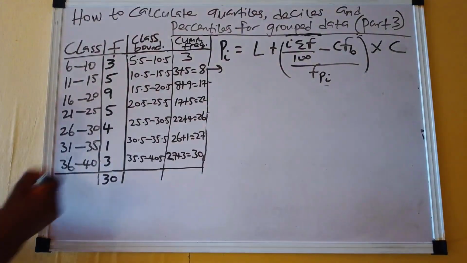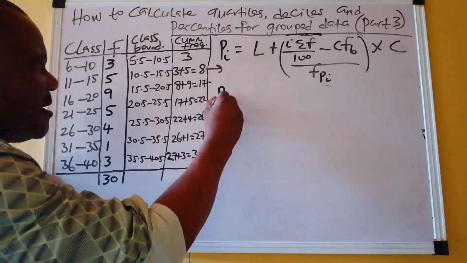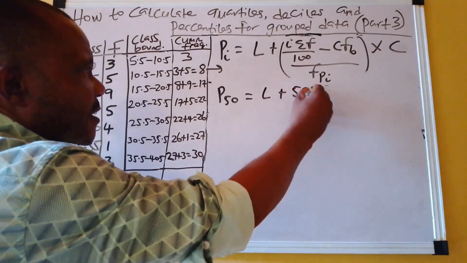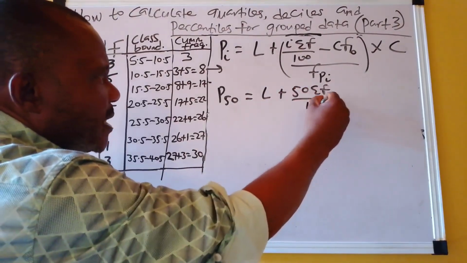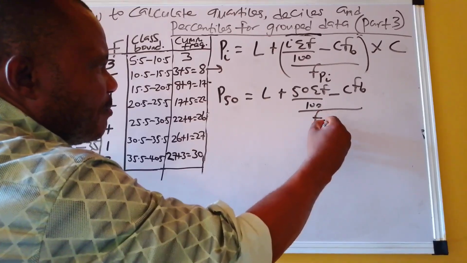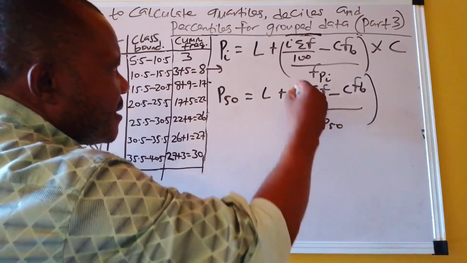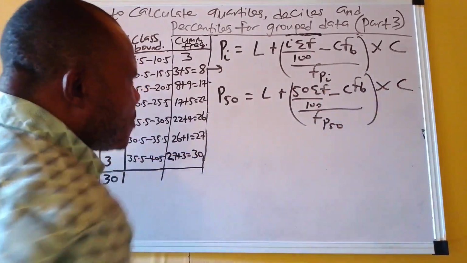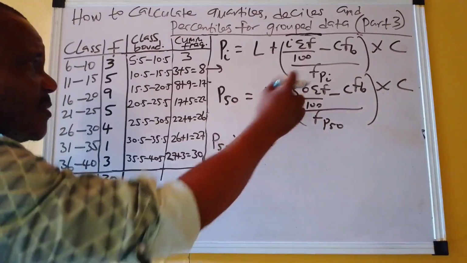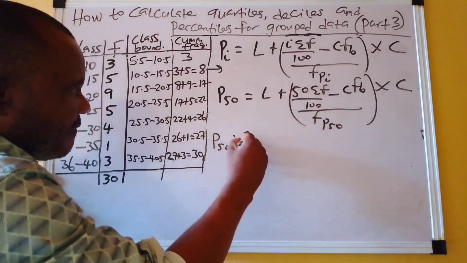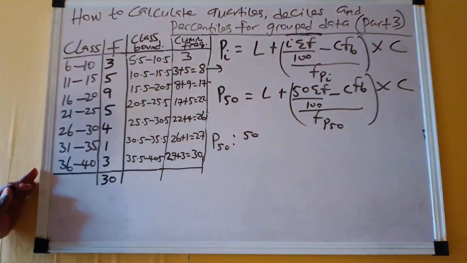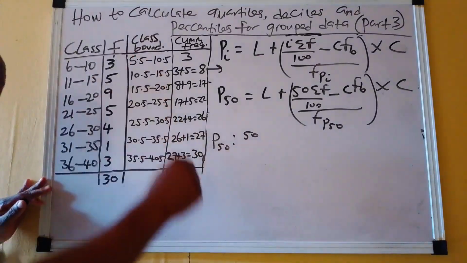So our P50 is equal to L plus 50 summation f all over 100 minus the cumulative frequency before that class all over frequency of the P50th class, times our class size or class weight. Then now for P50, let us determine the class using this determinant. So we are using 50. I call this the class determinant. You first of all determine the class before you calculate the value.